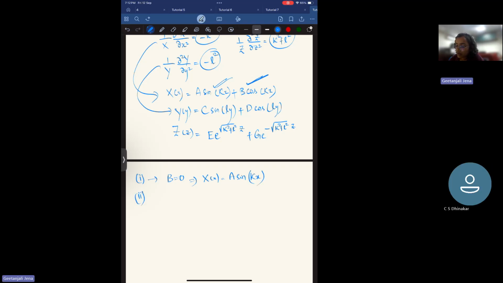For the second boundary condition, V is 0 when x equal to a. If you put x equal to a, k has to be n pi. So k is n pi by a.